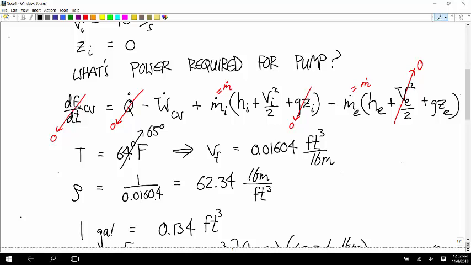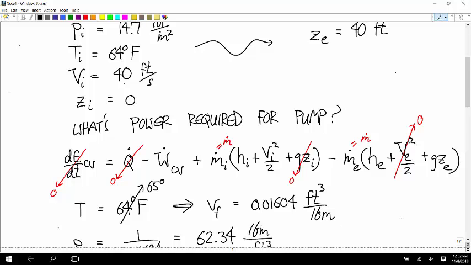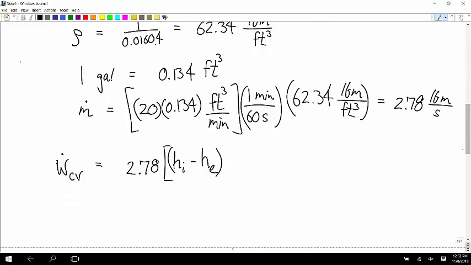And then we are adding VI, which is given. That's 40 feet per second, so 800 feet squared per second squared. And then minus G, which if we're doing it in feet and seconds is 32.2, times the height, which is 40 feet.